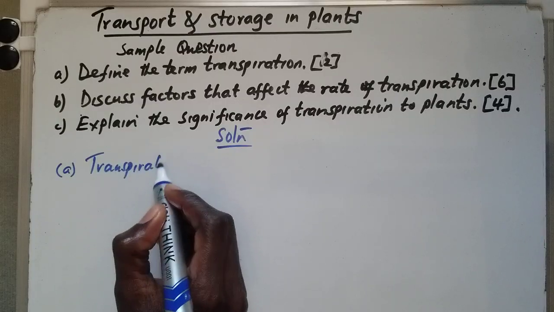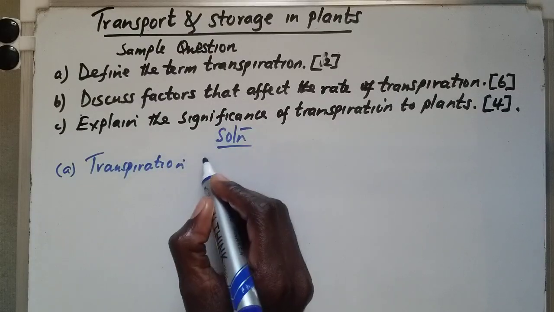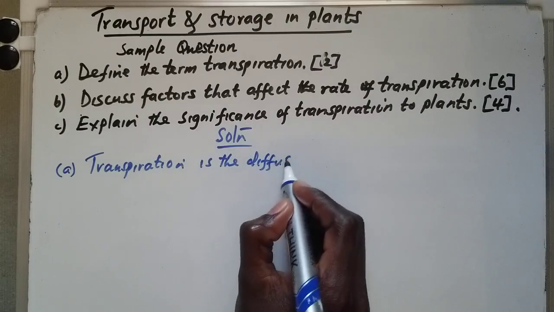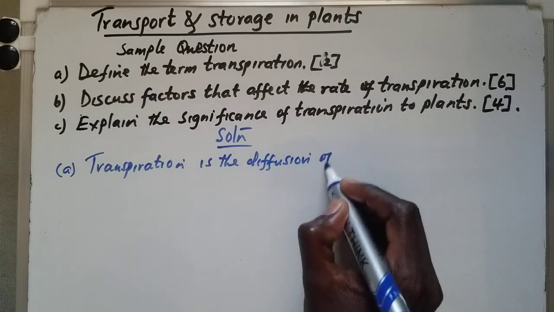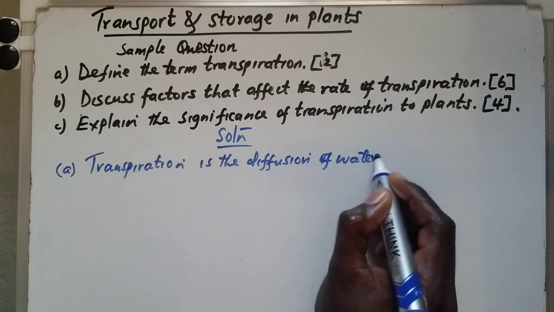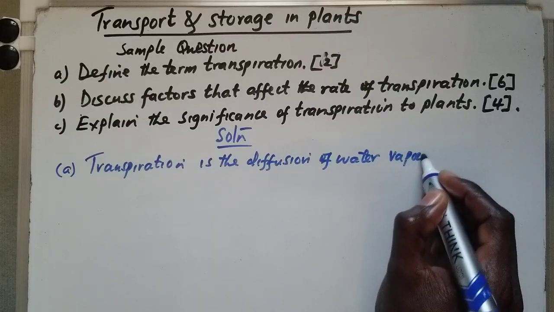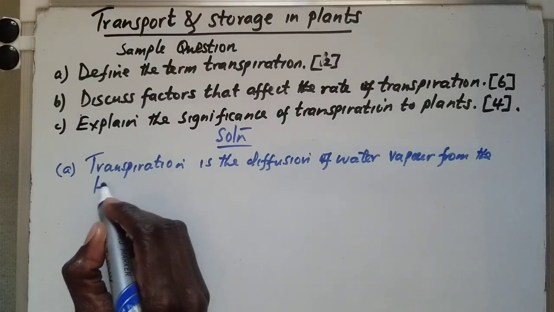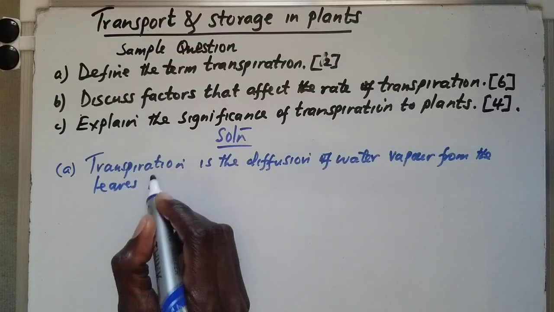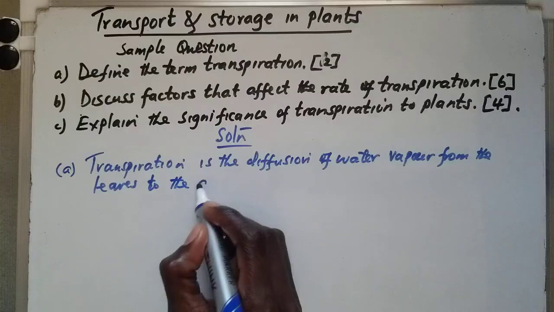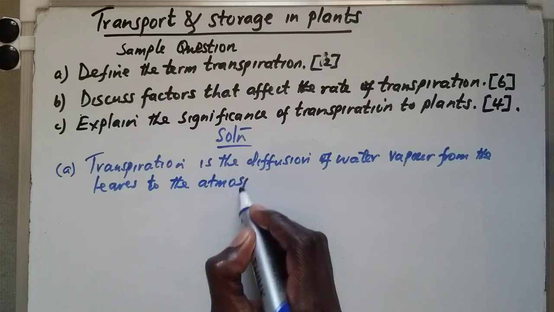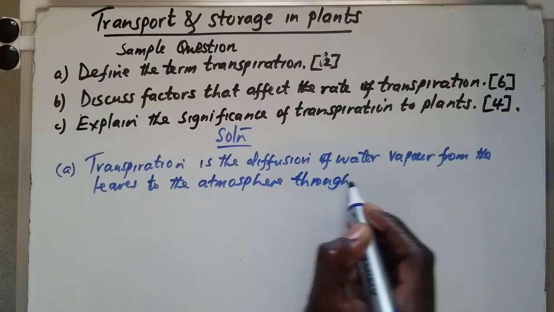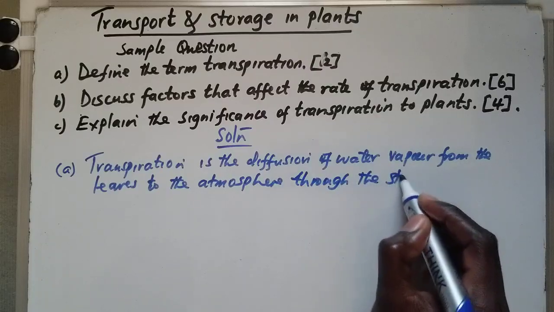You need to remember that transpiration is the diffusion of water vapor from the leaves to the atmosphere through the stomata.